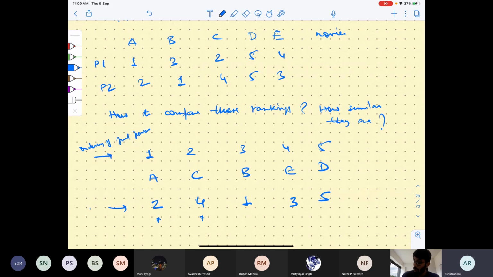So now what we can do, as Manu was suggesting, is for every pair, this movie was ordered number one by the first person. So we can look at every pair and see how many times it gets flipped. So let's draw a graph or just match these numbers.